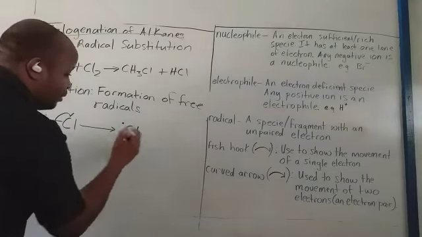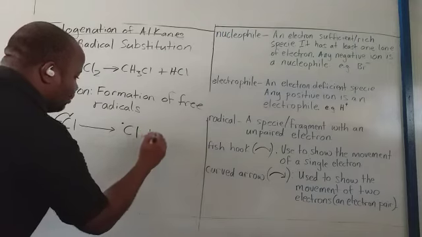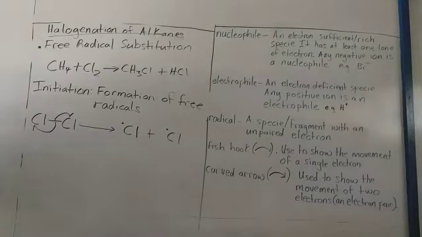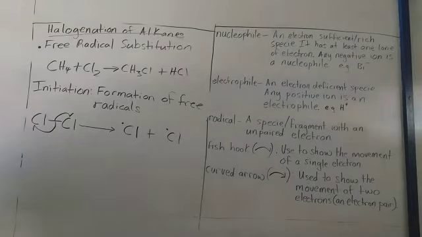And remember, what's a radical? Species with an unpaired electron. So in step one, it's the formation of free radicals. We have just converted our chlorine molecule into chlorine radicals. And that's it for step one.